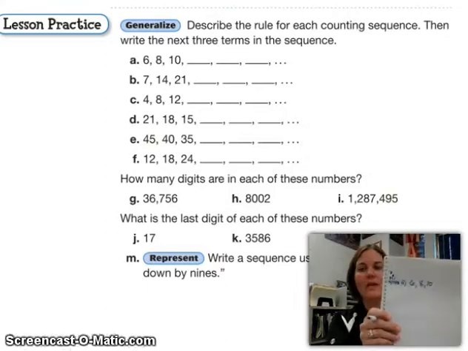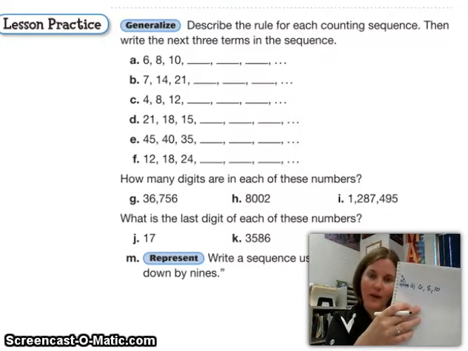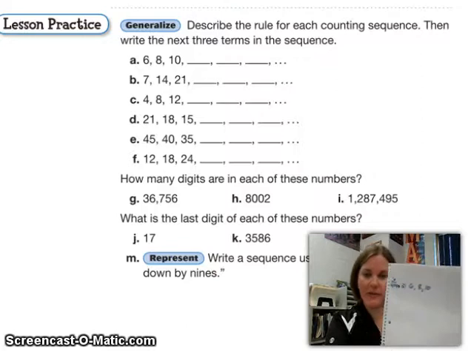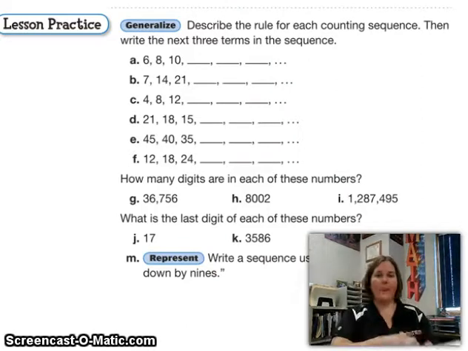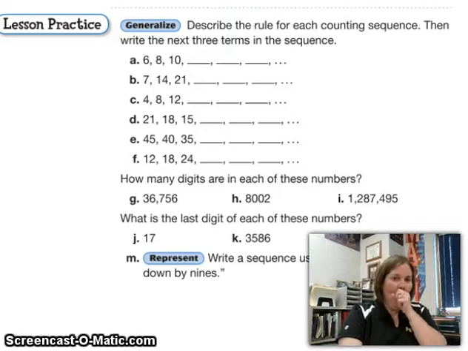Those are the first 3 terms. So we need to take a look at the pattern. You can see that the pattern is increasing. So it's counting up. I can quickly see how much it's going up by. I think you probably can too. You can see that it's going up by 2.